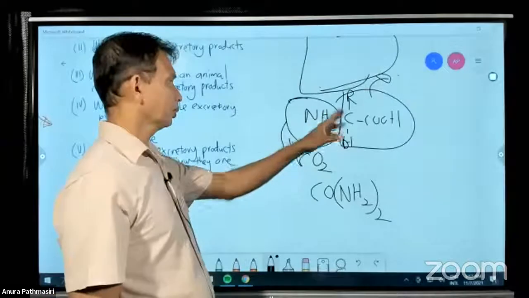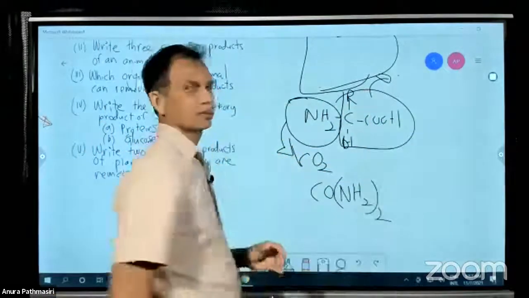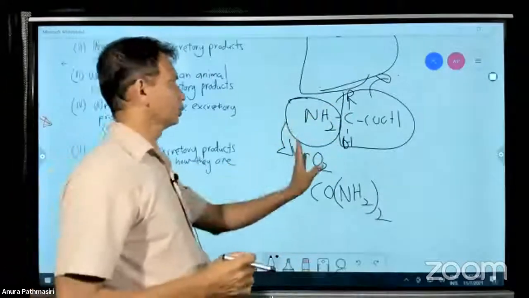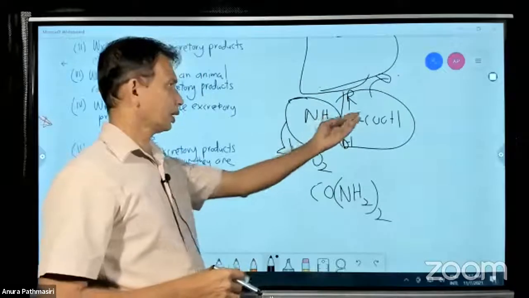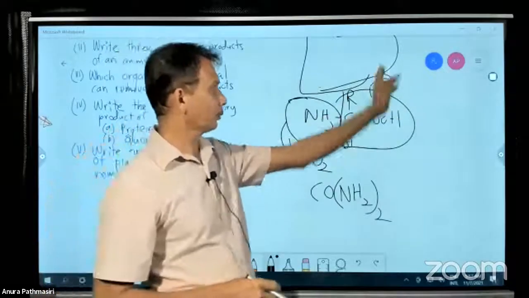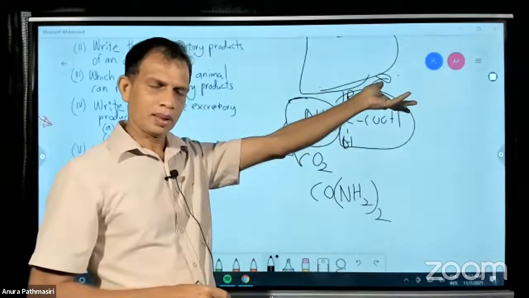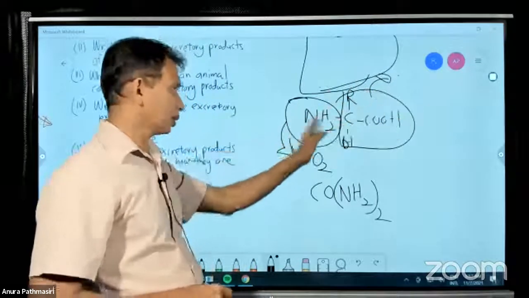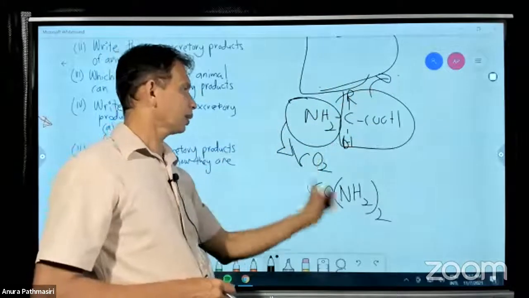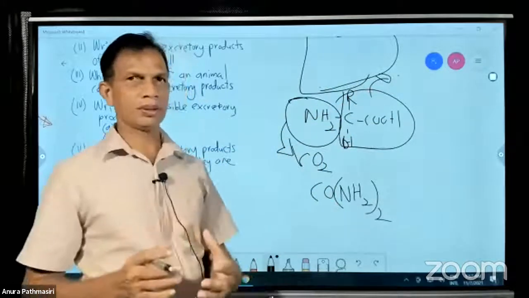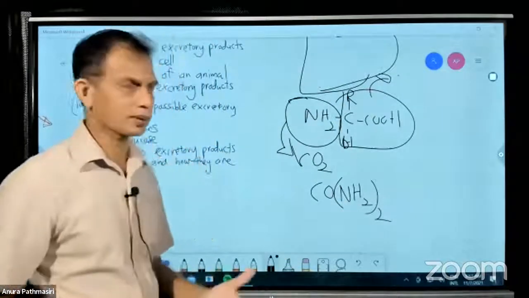So this is catabolism, right? The amino acid is broken down into a glucose part and an amino part. This is catabolism. From this one, glucose is produced, that is anabolism. And glycogen is produced, anabolism. That is one way of producing nitrogenous waste.